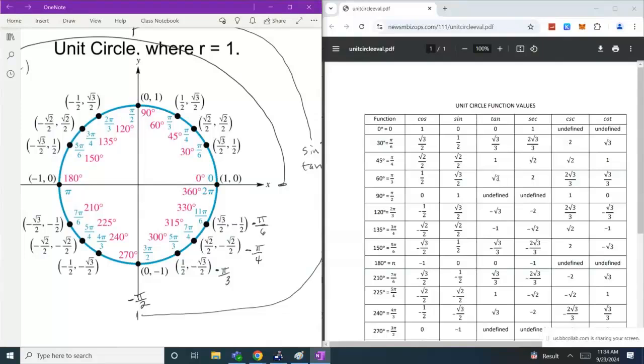So I'm going to jot that on my unit circle. The tangent of 45 degrees, which is pi over 4, that gives me 1. So I'm just going to jot that in as a 1. The tangent of pi over 6, which is 30 degrees, that gives me square root of 3 over 3.